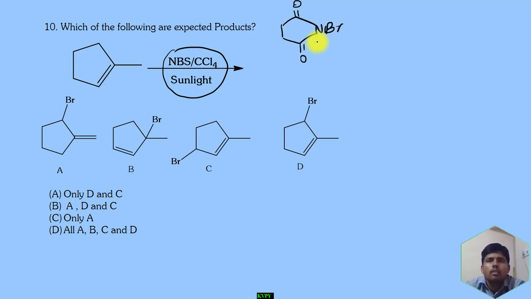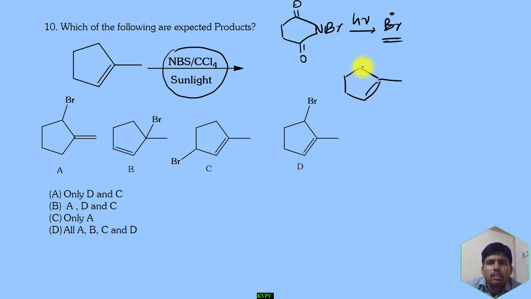So it will basically give a Br free radical in the presence of sunlight. A low concentration of Br free radical is obtained by this reagent. Now you have an alkene, a cyclic alkene. So this will also interact with the Br free radical and form a radical. So let us form the free radical here.